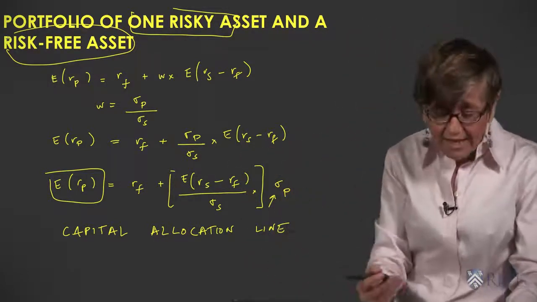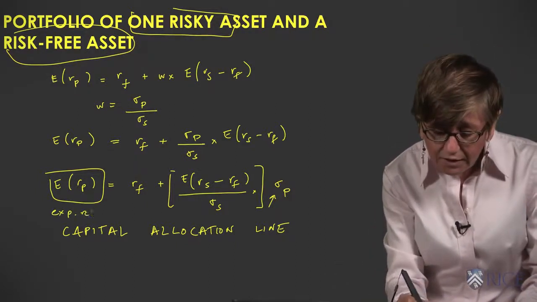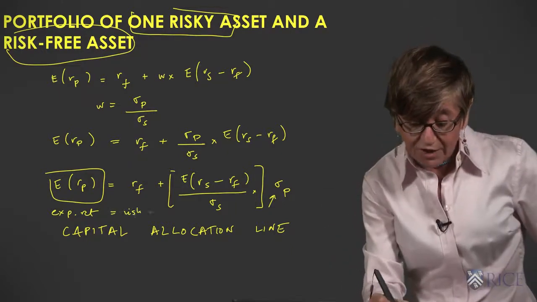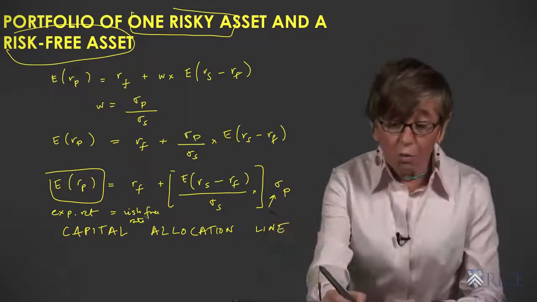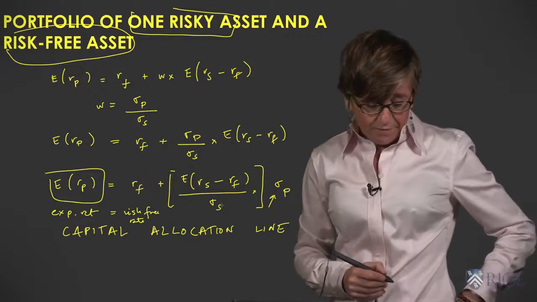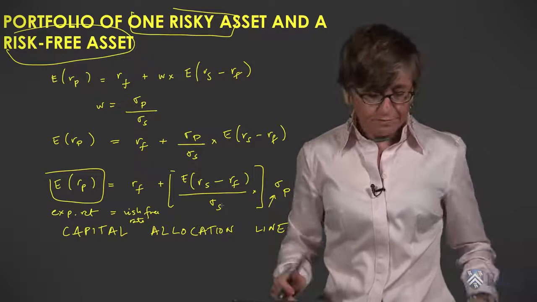What does it say? Well, it says that the expected return on this portfolio is going to be given by the risk-free rate plus some reward to risk ratio times risk. So let me draw that for you.